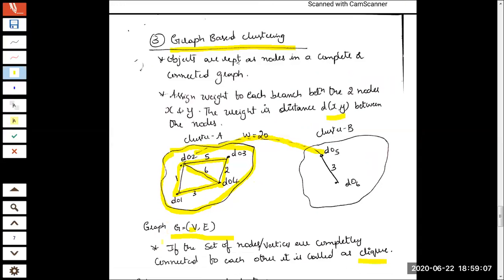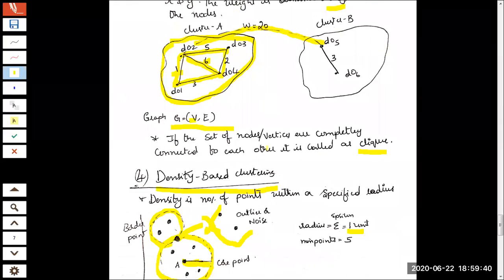If the data objects are very closely related to one another, the weight will be small. If the number is very large, it means the distance between the two data objects is very large, or in other words, the similarity is less. So two data objects within the same cluster will have a lesser weight compared to data objects between two clusters. That is what we understood.